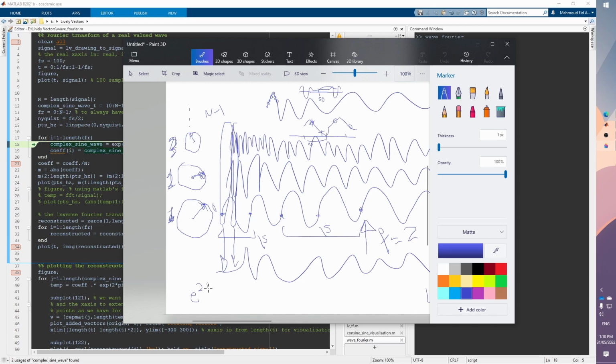It's e to the power 2 pi i f t, okay, and this equals the cosine plus i sine, okay, of the same angle.